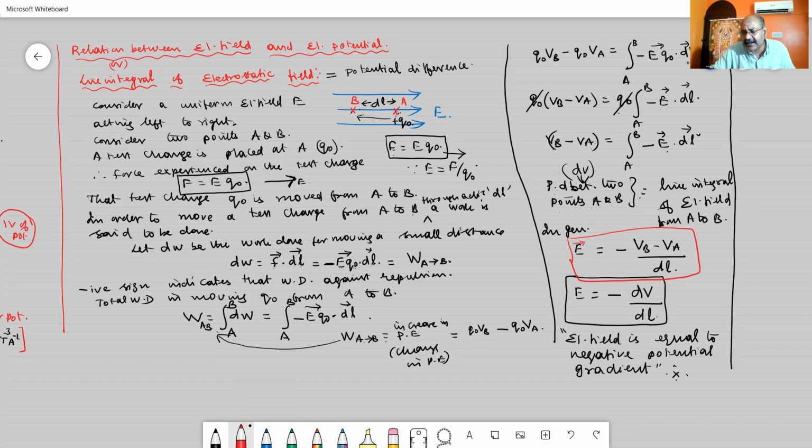Here it is E vector because the direction is given by the minus sign. So I can write it as the change in potential dV divided by dl, the distance moved.